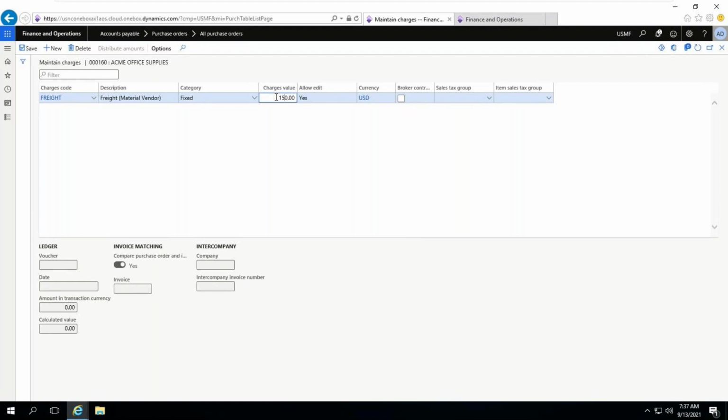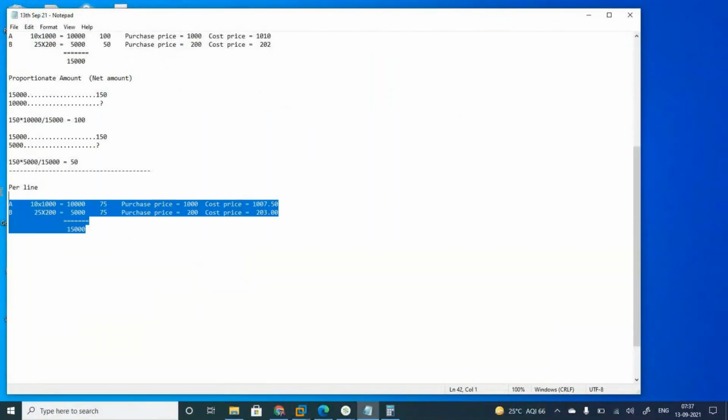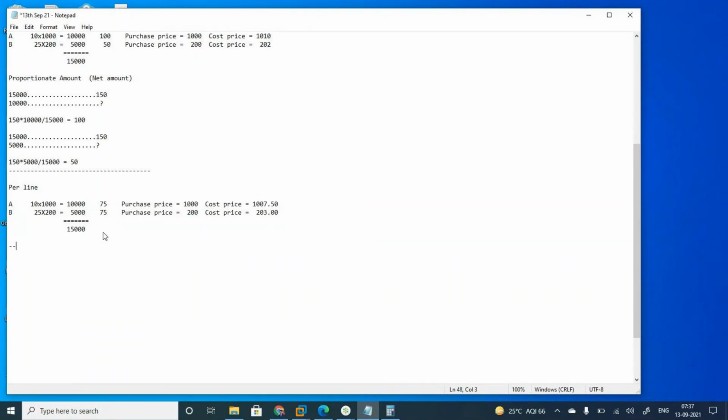Let me close. Now can we calculate based on the quantity? Can anyone guide me, help me? Based on per quantity, how will it be calculated?